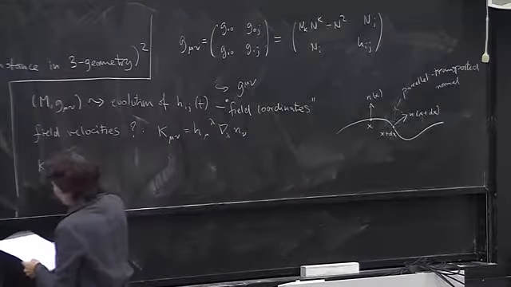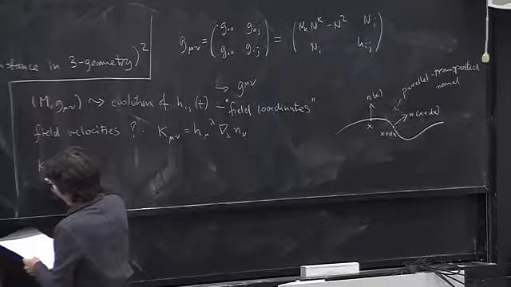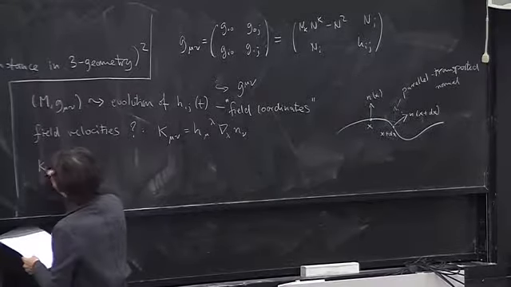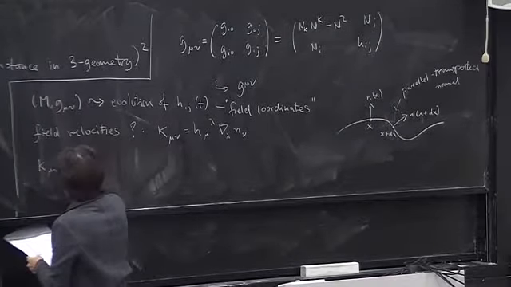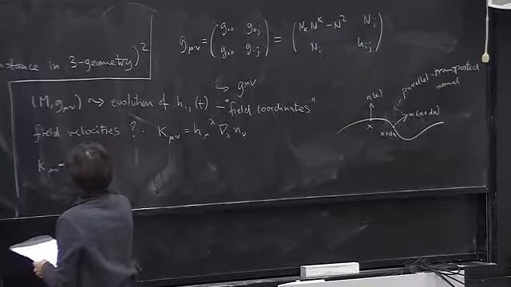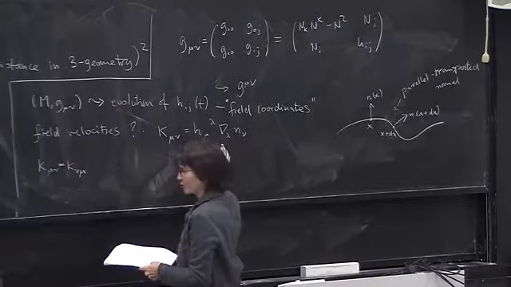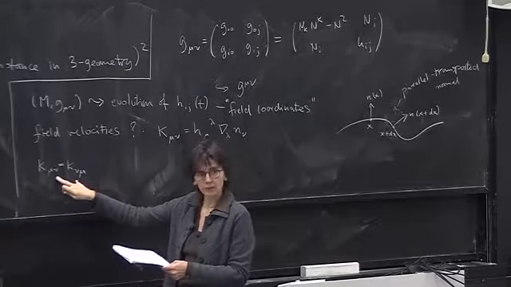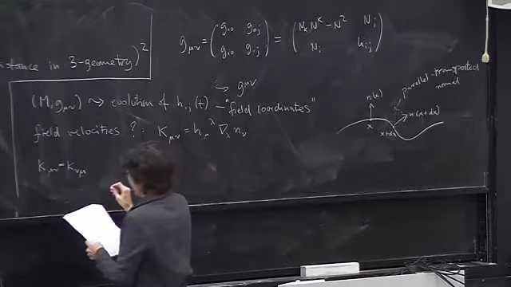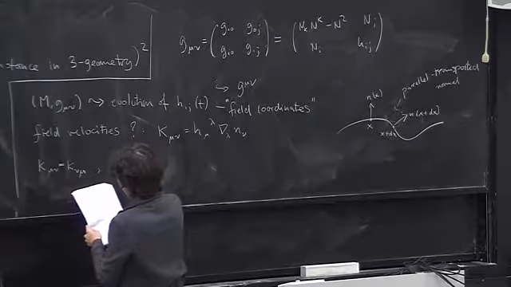So there are two fundamental properties this extrinsic curvature has, which are not immediately trivial to read off from this expression. First is that it's symmetric in these two lower indices, and then also that it's purely spatial.